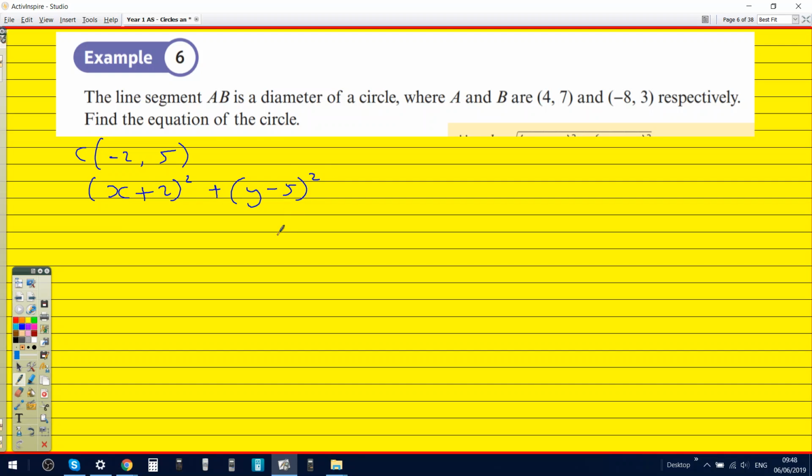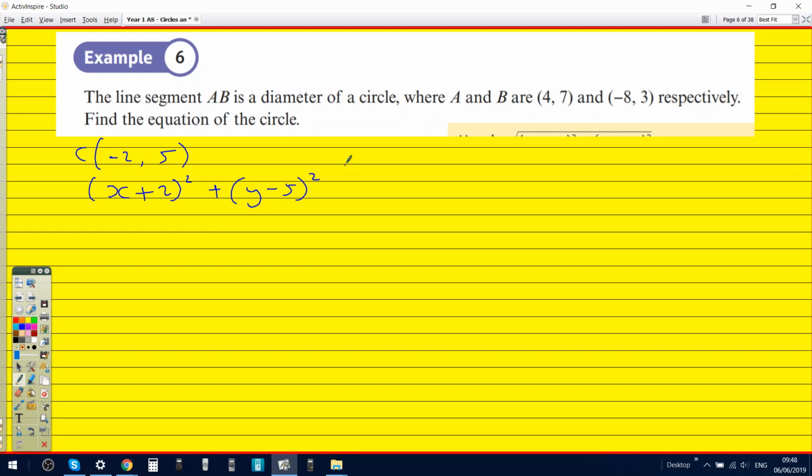And then radius. Would the radius be a quadrant? Not a quadrant, sorry. I don't know, how do we get the radius?